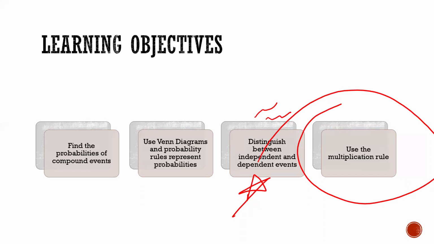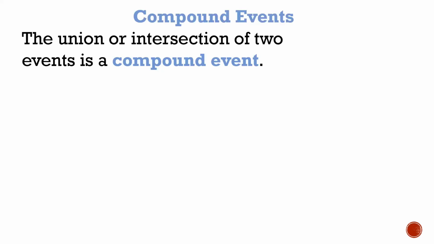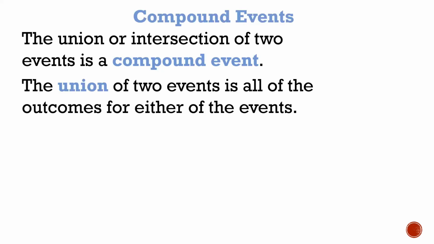So a compound event is the intersection or union of two events. We're not talking about outcomes. Since outcomes cannot be broken down any further, outcomes can't overlap. But events can. For example, the event roll a 6 or a 3 overlaps with the event roll an even number, because there are some ways you could do both.